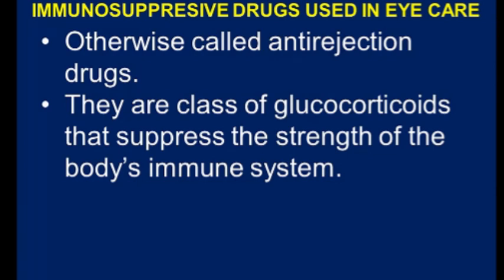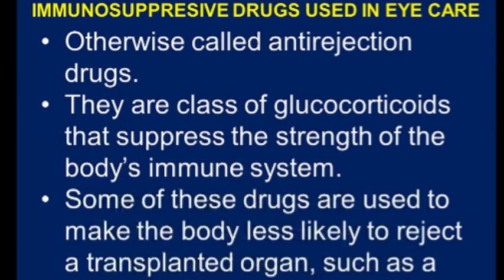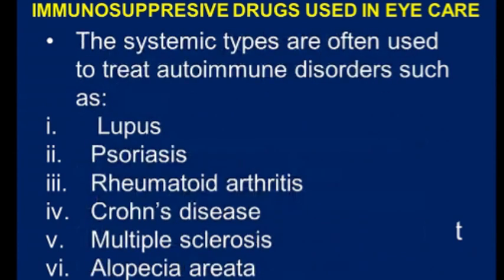So they can also be a class of glucocorticoids that suppress the strength of the body's immune system, like I mentioned. These drugs are used to make the body less likely to reject a transplanted organ, such as liver, heart, or kidney, or in the eye, in cases of corneal transplant.